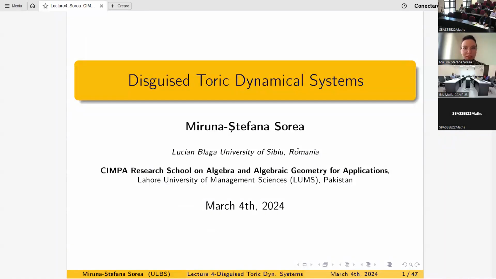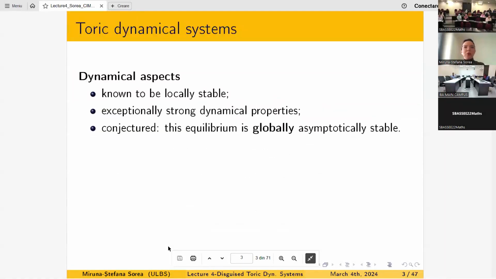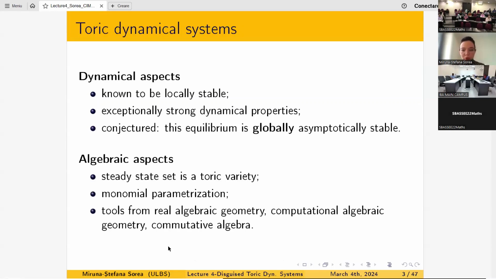Yes. So now I think you can see the slides. So last week we saw this terminology of toric dynamical systems and their advantages from the application side and from the algebraic side.